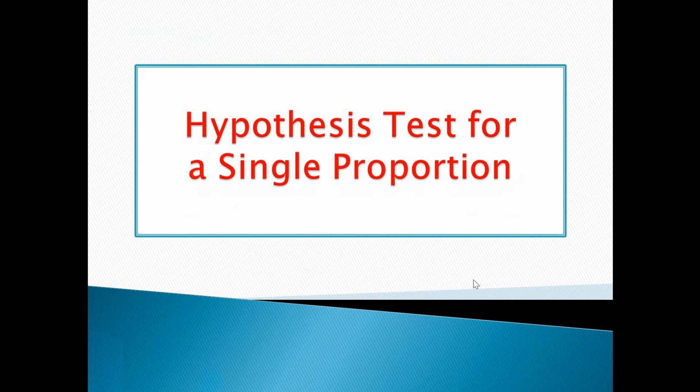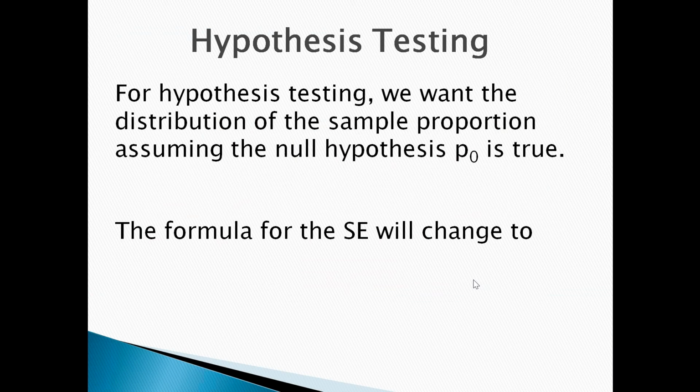The last portion of this section is hypothesis testing. Hypothesis testing is always centered around the null, and because it's centered around the null, the formula for the standard error will be different. If you are doing a problem that deals with a confidence interval, you have to use SE equals the square root of p hat times 1 minus p hat over n.